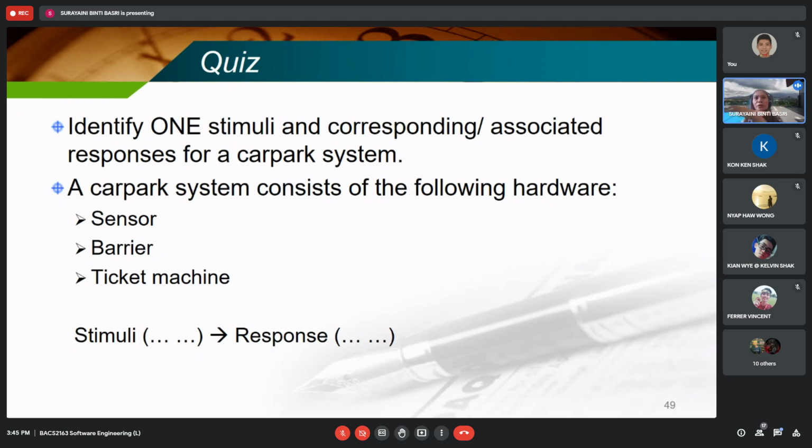If the space is already occupied by a car, then it will make something happen, right? Okay, so let's say we have the weight sensor. So what is the response? Let's say there is a car because that place already has some weight. So what response should be triggered?